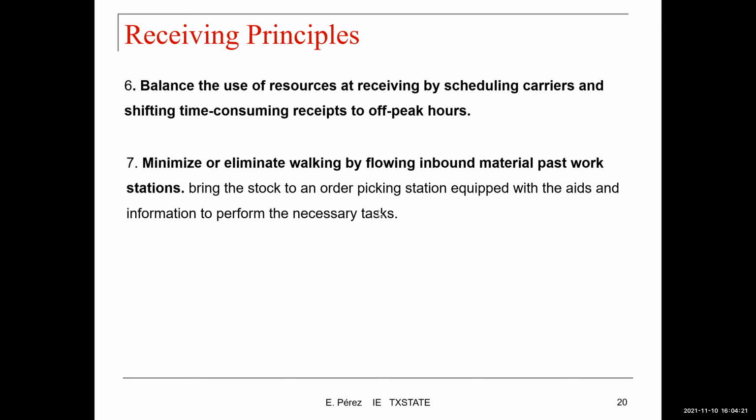Number 7, minimize or eliminate walking by flowing inbound material past workstations. Bring the stock to an order picking station equipped with the aids and information to perform the necessary tasks.